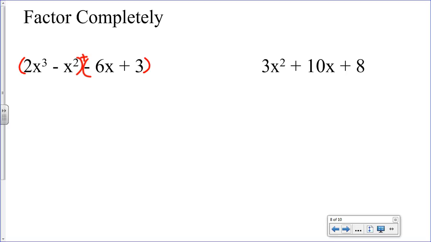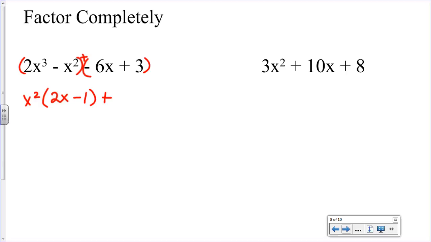What do I want to factor out here? X squared. What will that leave me with inside? 2x minus 1. What do I want to factor out of my second group? Negative 3, because I need the signs to switch.